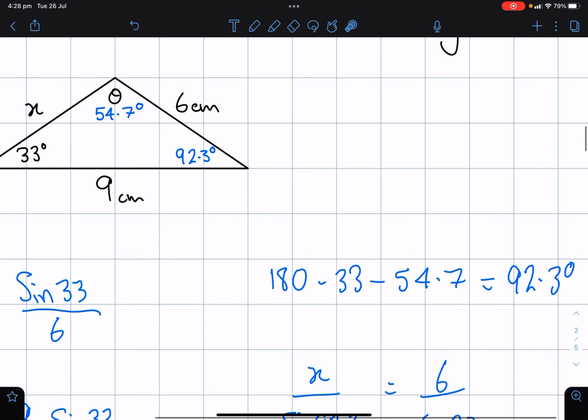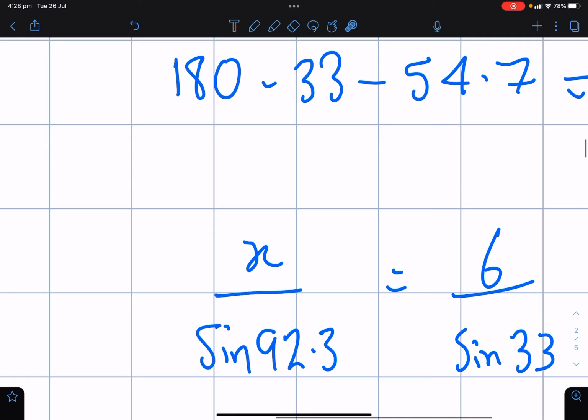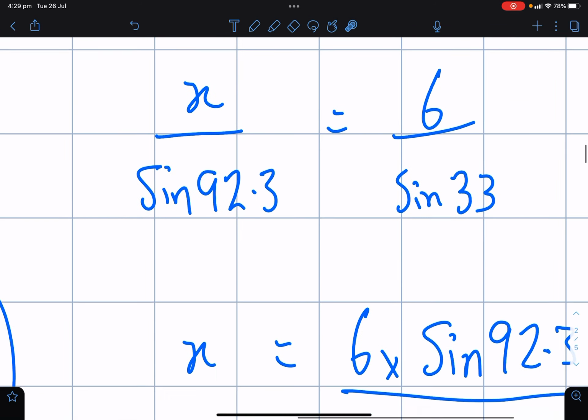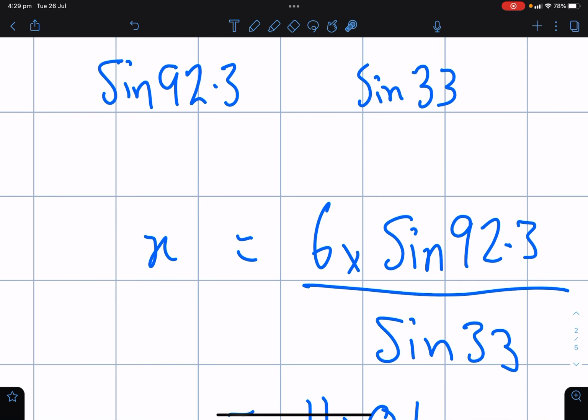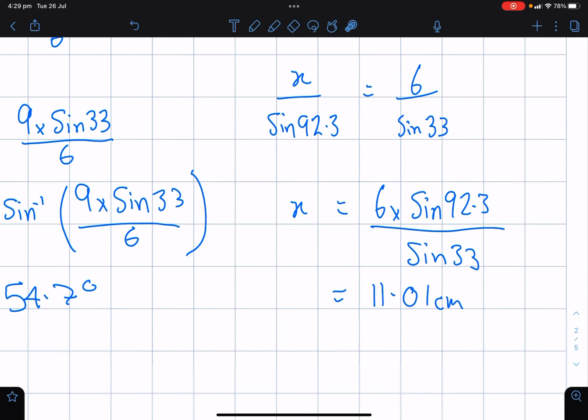So we now have x divided by the sine of the opposite angle equals, and I'm going to use my whole numbers just because it makes life a lot easier, 6 divided by the sine of the opposite angle, which is 33. We want x by itself, so we're going to multiply both sides by sine of 92.3 degrees. So x equals 6 times sine of 92.3 degrees divided by sine of 33, which equals 11.01 centimeters.